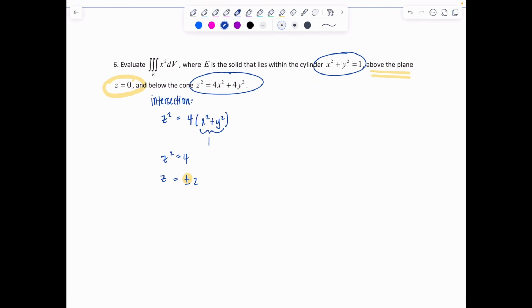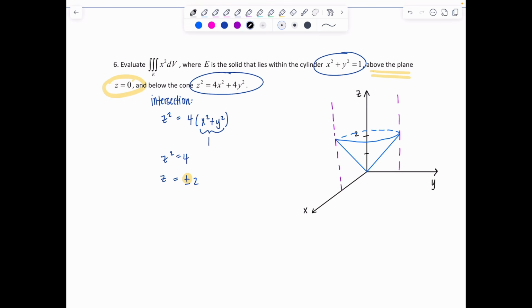So we're really only working with the upper half of the cone, trapped inside the cylinder x squared plus y squared equals 1, and they intersect when z is 2. We've got a cone, like so, and then it's trapped inside this cylinder. That's where they intersect.